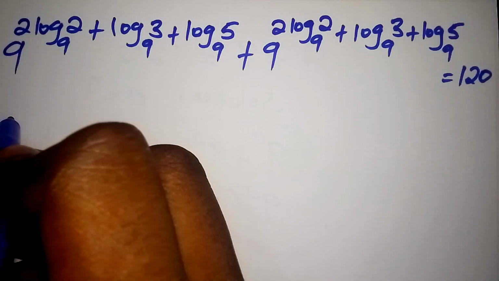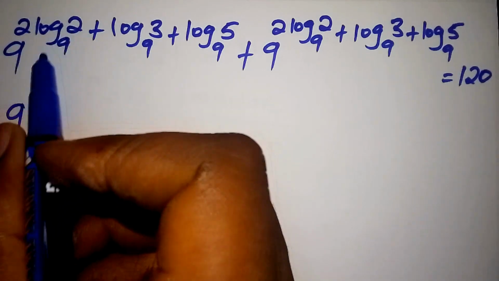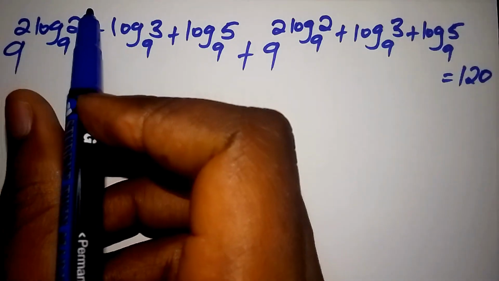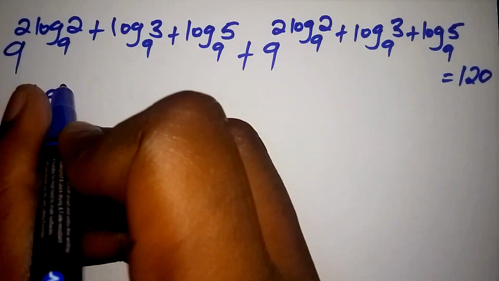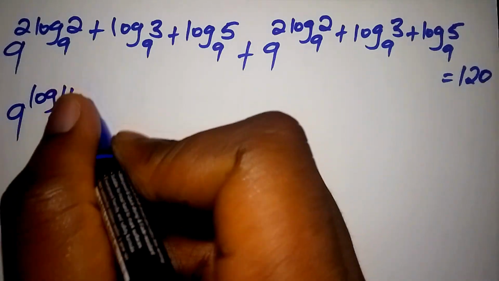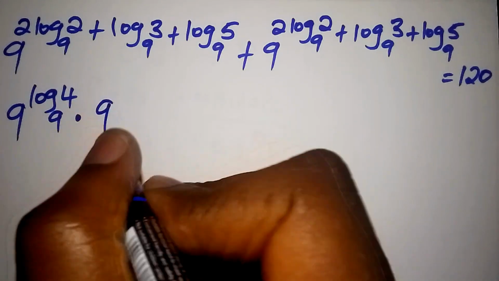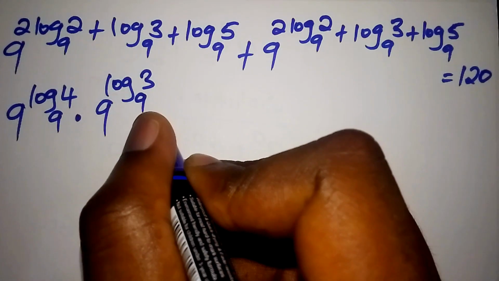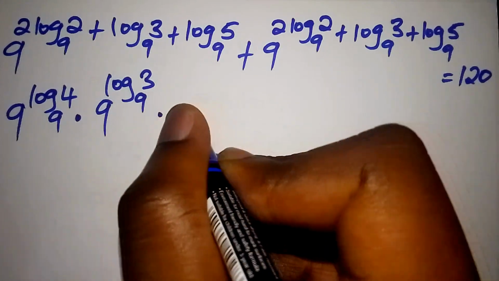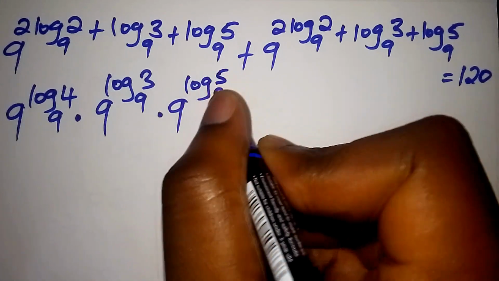So this can still be written as 9 to the power of, instead of 2 log 2, we shall now have log of 2 squared, that is log of 4. So 9 to the power of log 4 to the base of 9. Then the plus means multiplication, so we again have 9 to the power of log 3 to the base of 9, and again 9 to the power of log 5 to the base of 9.